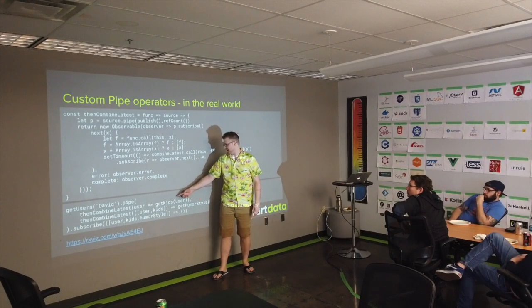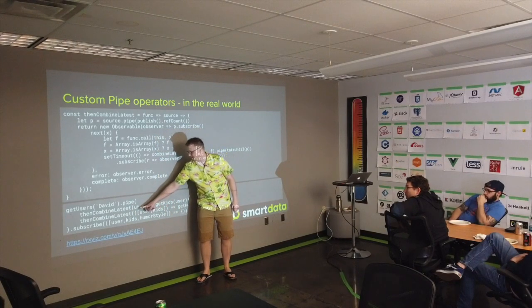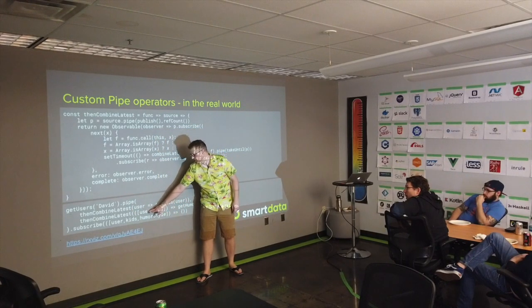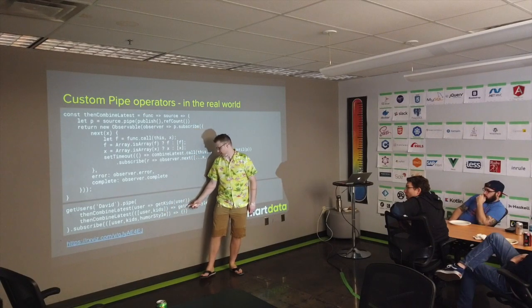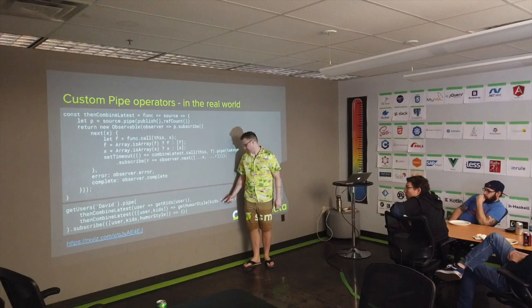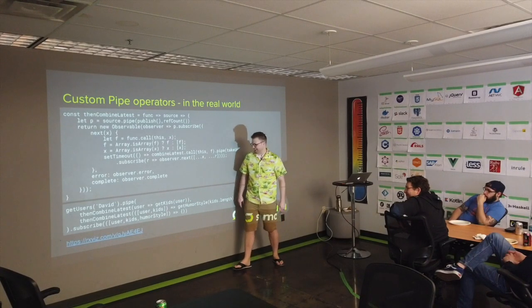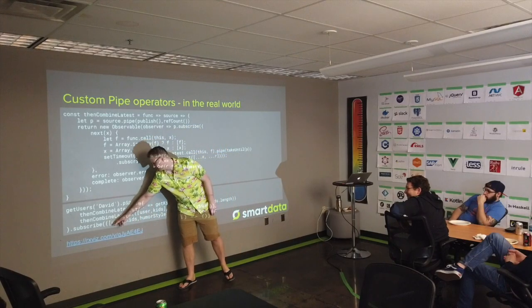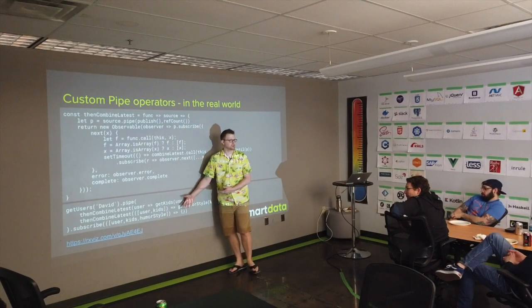Then I'm going to do thenCombineLatest again. You see here on the second one, it's going to have both the user and the kids in an array. Then I'm going to get my humor style, passing in the length of how many kids I have. Then I'm going to subscribe to all of that. And in the end, it's obviously dad jokes.